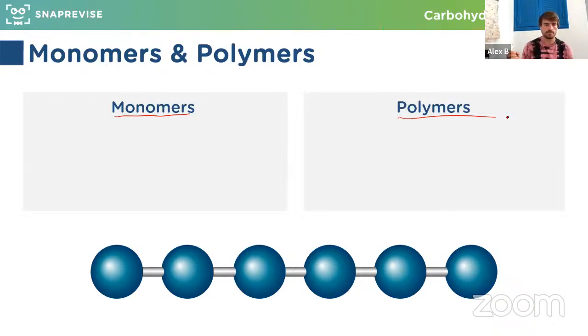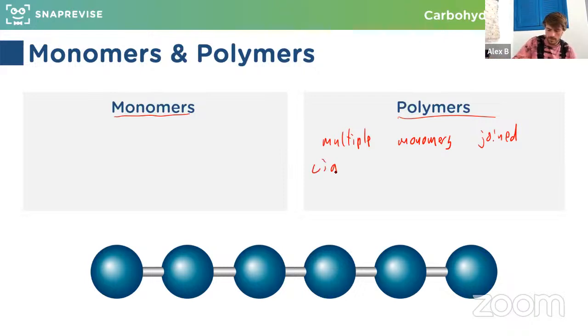Yeah, I like those. So a polymer is made up of a chain of monomers. Nice. Multiple monomers joined via chemical bonding. Let's make a really long definition.